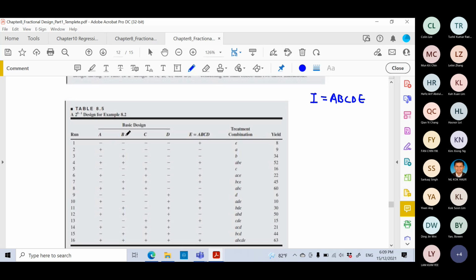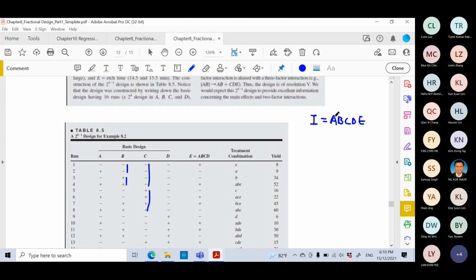For factor B, you write 2 negative, 2 positive, and so on, also alternating. For factor C, you write 4 negative, 4 positive. Then the last one, D, you write 8 negative, 8 positive. This is called the basic design. So to get the last factor, what is the plus minus sign here? Because you have defined your defining relationship, you have a defining relation here.